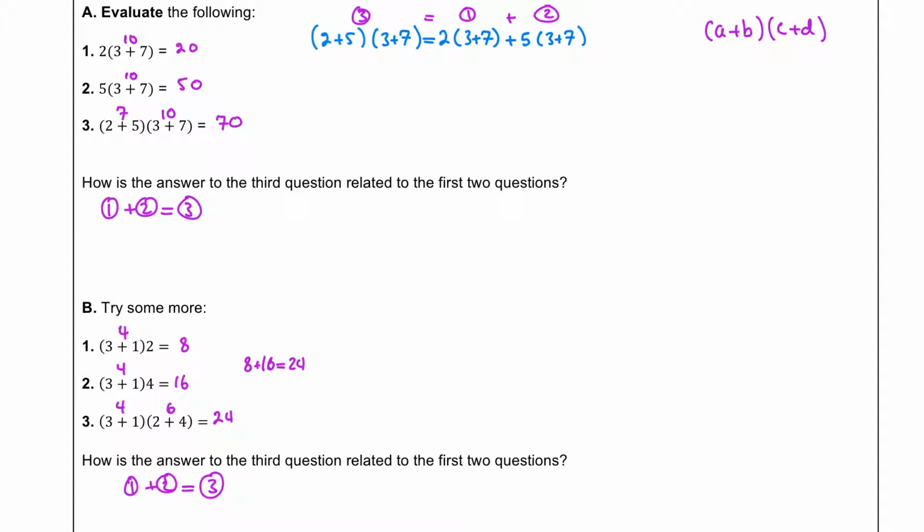If you look really closely, we're expanding things in a way. I have 2 multiplied by 3 plus 7, plus the 5 times 3 plus 7 here. So once again, I have 2 multiplied by my bracket, plus the 5 multiplied by my bracket. And if I do that, it works. So this expression is equal to this expression.